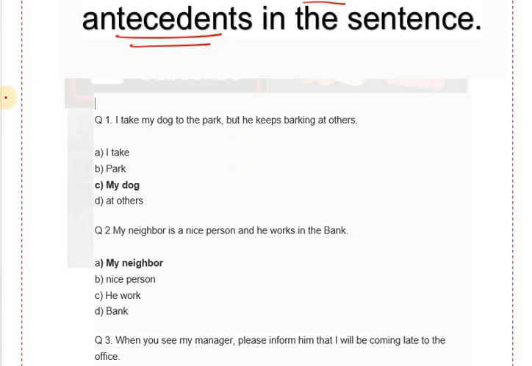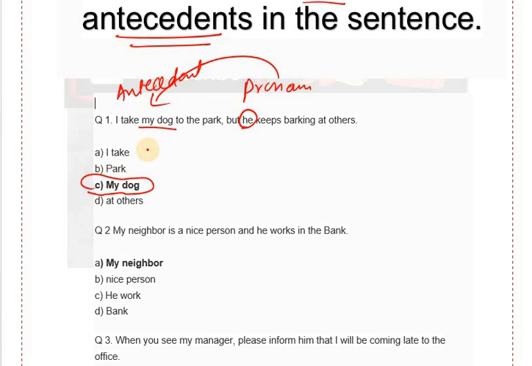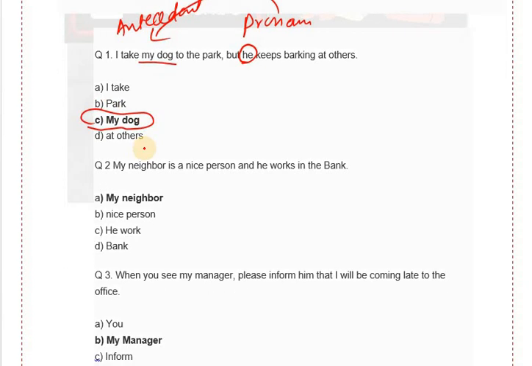Here you see, I take my dog, and this is the noun, to the park, but he is the pronoun, and the noun which the pronoun replaces is called the antecedent. So here this is the antecedent and this is the pronoun. So option number C is the correct option.